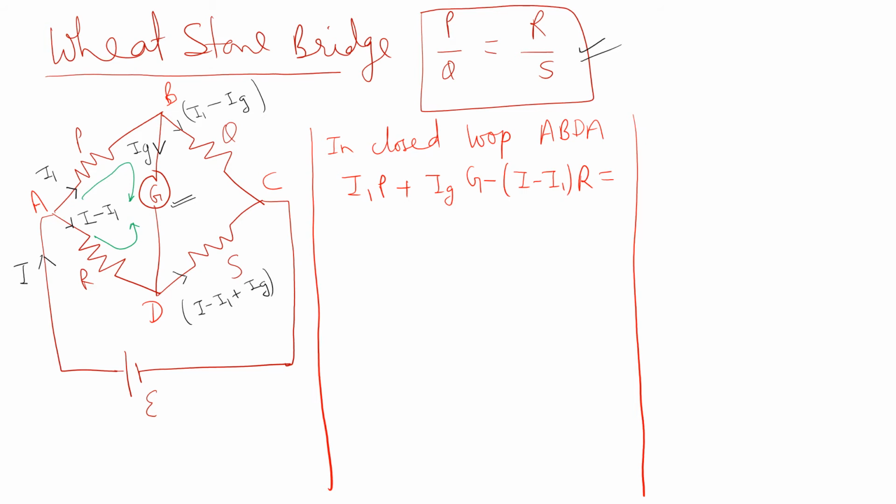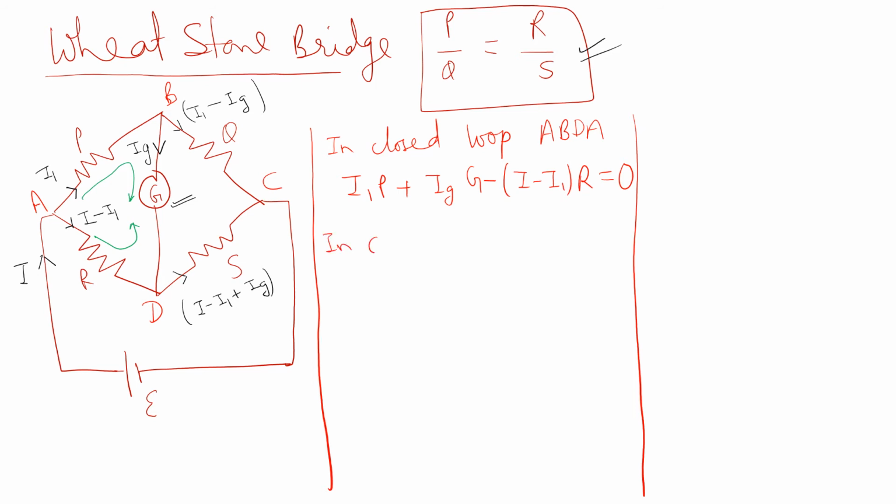Just for the sake of simplicity, forget about all the circuit, just remember these 3 points A, B, D. You will find that there is no cell or battery or EMF source here, so the voltage will be 0. This is the first equation.